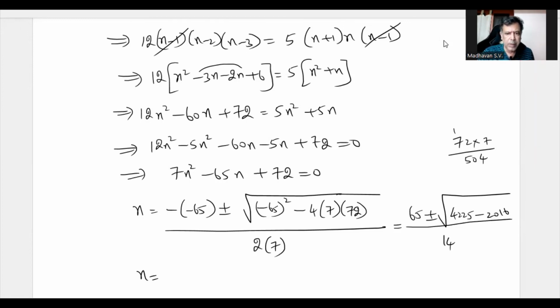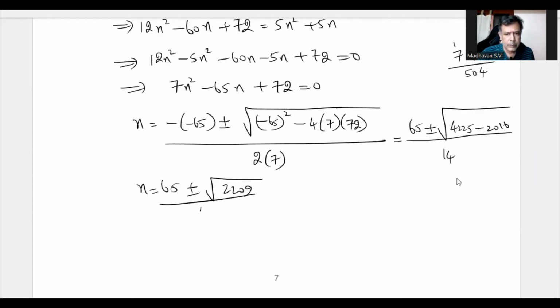So our n will be 65 plus or minus square root of 4225 minus 2016 gives us 2209, and the square root of 2209 is 47. So we get 65 plus or minus 47 by 14.